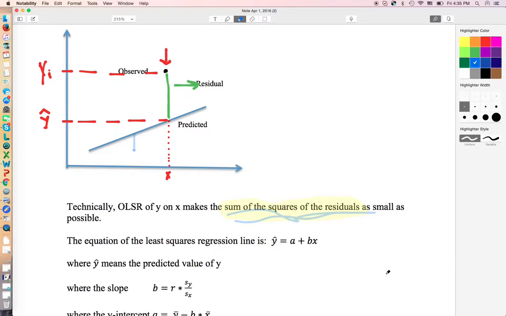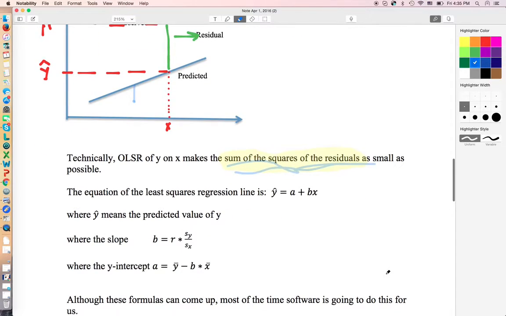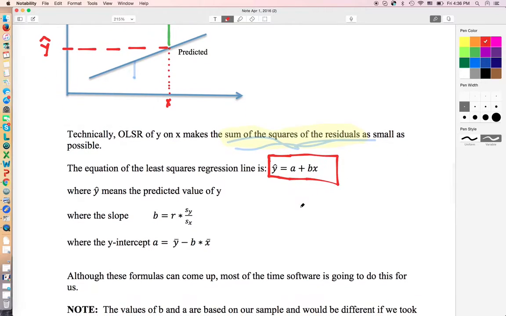Okay. So the end result, once you get your line of best fit, it's going to be a linear equation. And the lines are always in the form y equals mx plus b, but we use some slightly different notation here.